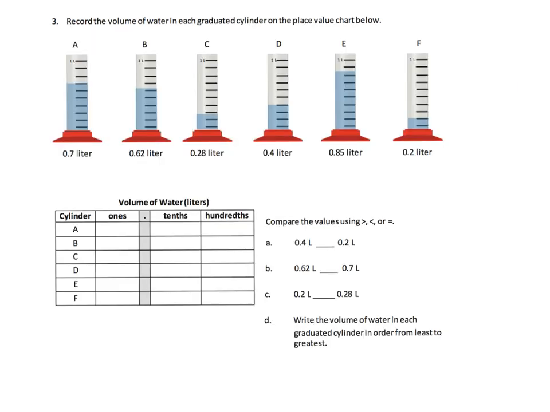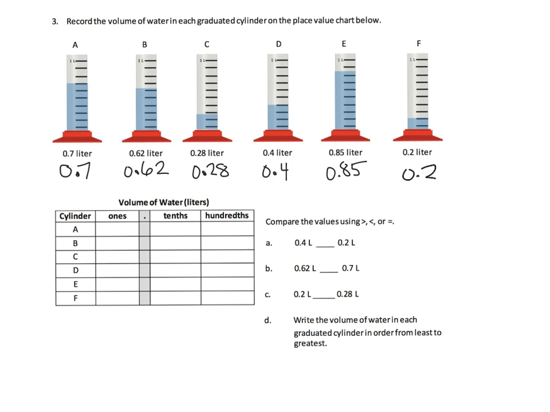And the last problem for this video is more of the same kind of idea. We're going to be comparing these things. And so we've got 0.7, and then we've got 0.62. The reason I'm writing these down is because I'm going to be asked to sort them. And then we've got 0.4, and then 0.85, and I'm just ignoring the word liter at this point, and then finally 0.2.